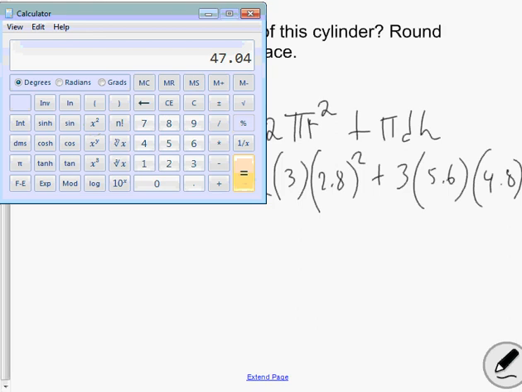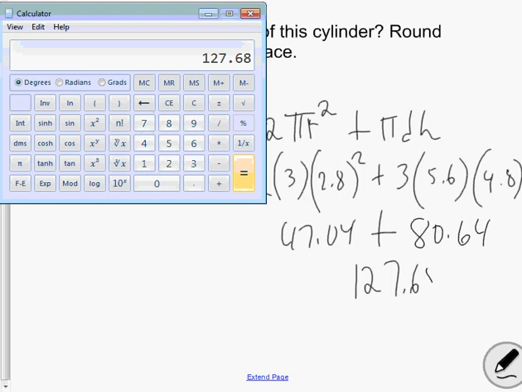Equals, so this would be 47.04 when you work it all out, the 2 circles. And this would be 3 times 5.6 times 4.8, which is going to be 80.64. Add that to the area of the 2 circles, and you have a final answer of 127.68. Did I make a mistake?